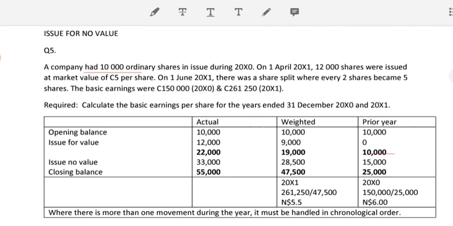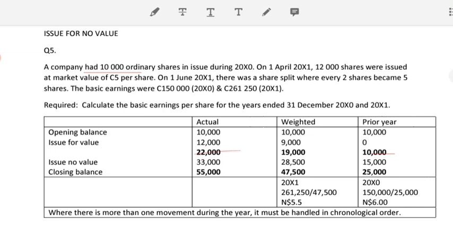We were having 22,000 shares on the 1st of June, the balance in bold. If you divide 22 by 2, we get 11, which is the multiple of 2, because this share split is done in multiples of 2.